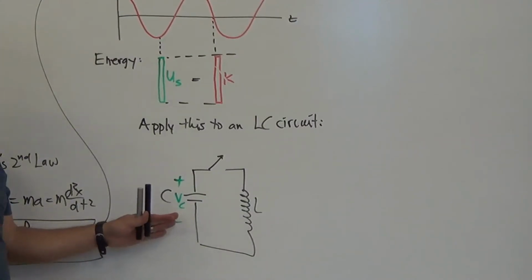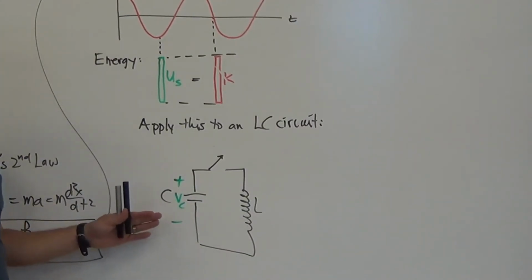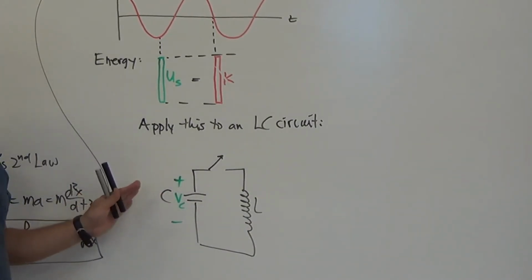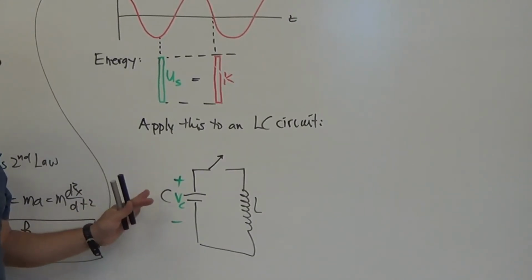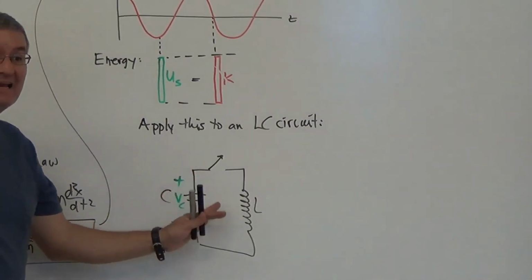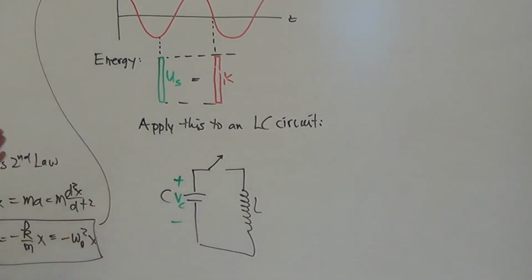we have capacitor energy that's stored between the plates. And when I close this switch, the energy in the form of the electric field is now transferred to the inductor in the form of a magnetic field. And if you remember the equations for energy for capacitors and inductors, a capacitor stores energy as E squared, and the inductor stores it as B squared.